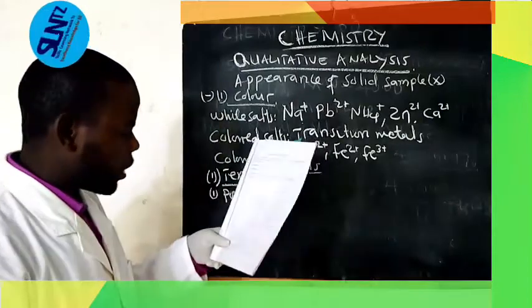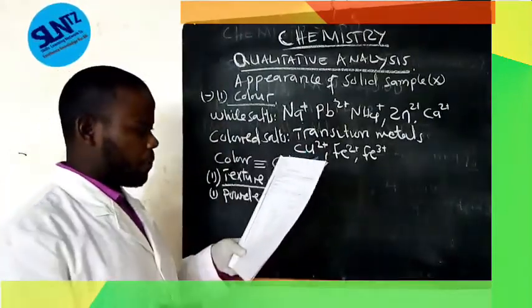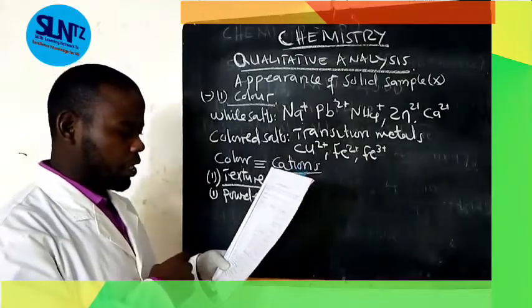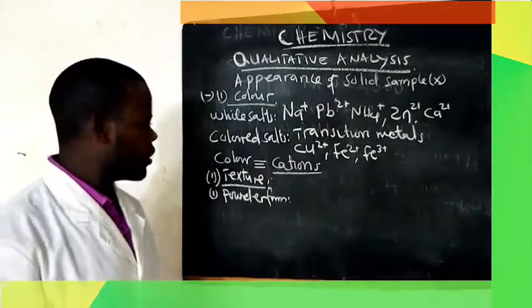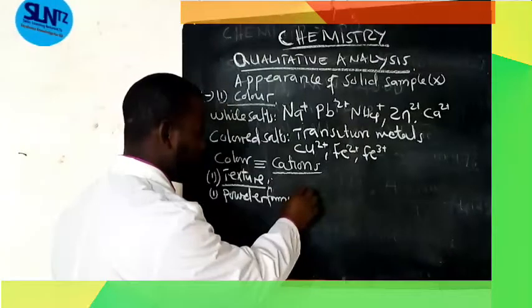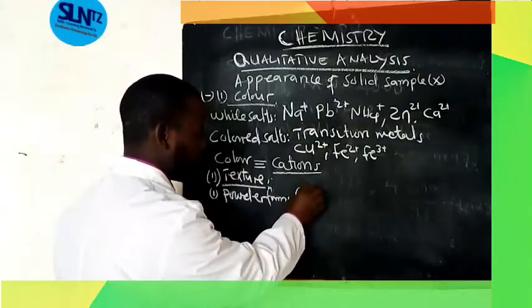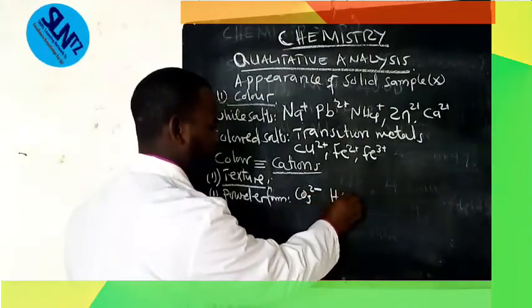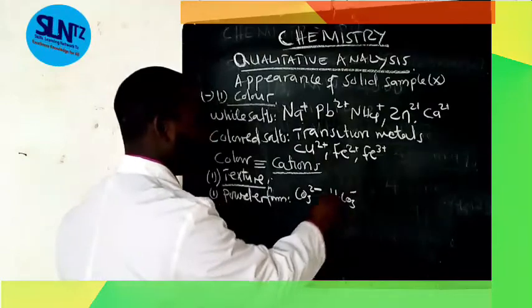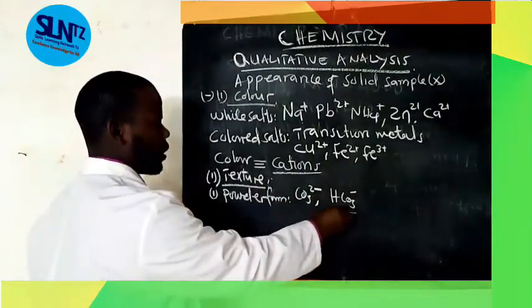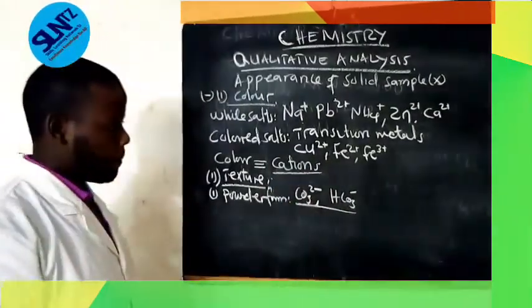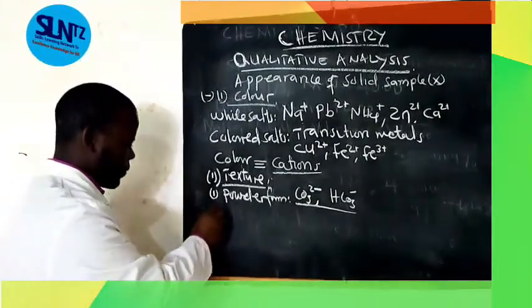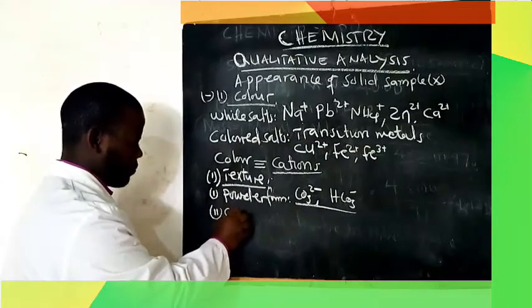When you look at the sheet here, powder form, there is carbonate or hydrogen carbonate inside of powder. Inside of crystals, crystal form.